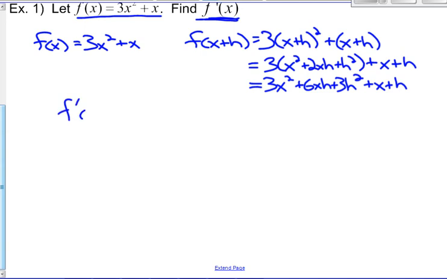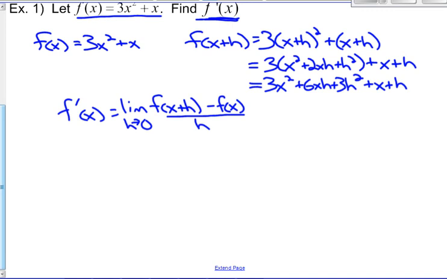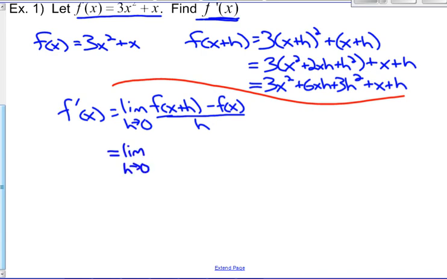Now we'll use the definition of a derivative. So this is where we start from anytime we want to use first principles. We did all the work in advance. We figured out what f of x plus h was.